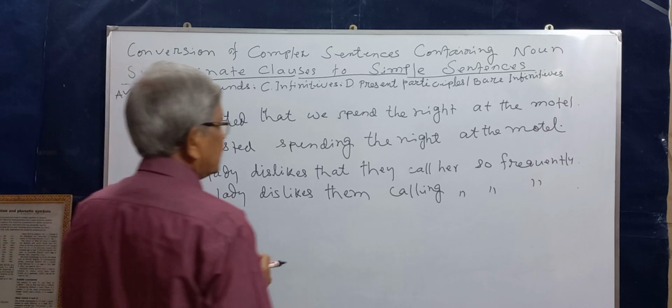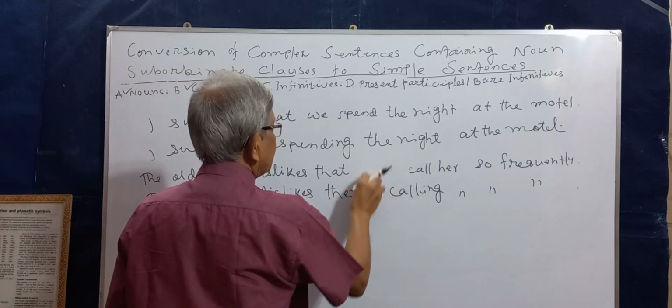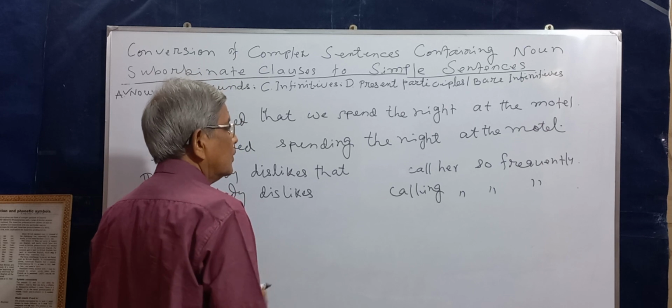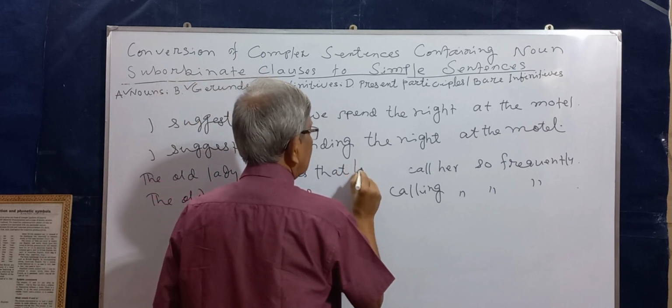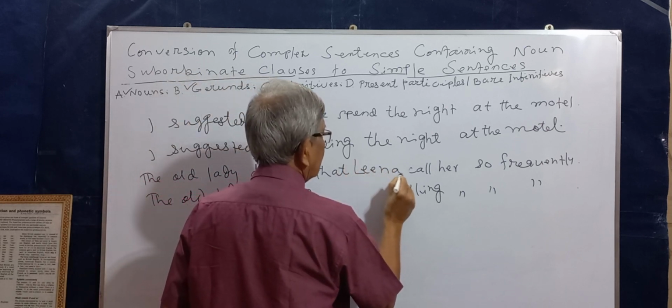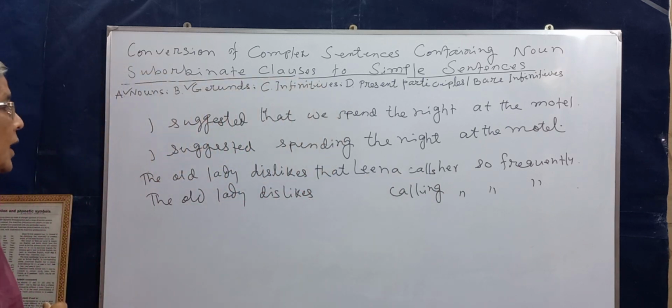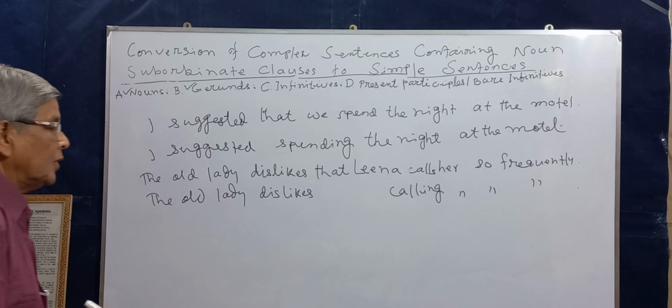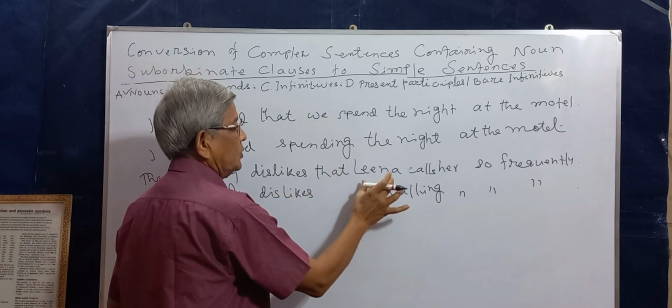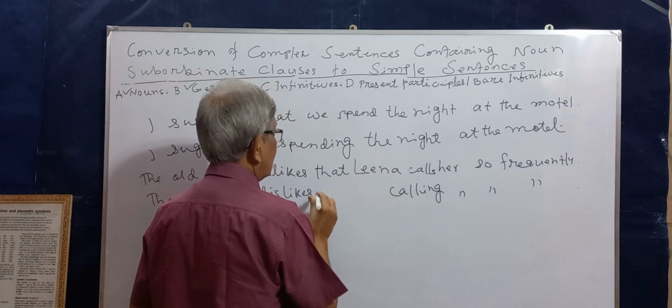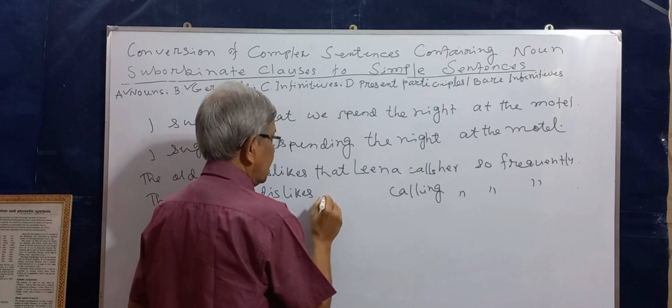Now, if the subject is the name of a person, Lina, the old lady dislikes that Lina calls her so frequently. Then in formal English, we have to use the possessive form of the proper noun, the name of the person.